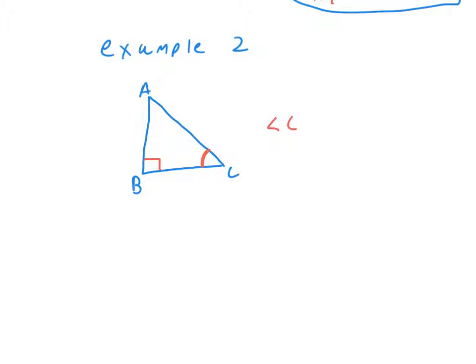So I'm going to draw a line. First we'll find the hypotenuse. I'm going to draw right through B. The hypotenuse is side AC. And then the opposite is going to be side AB.